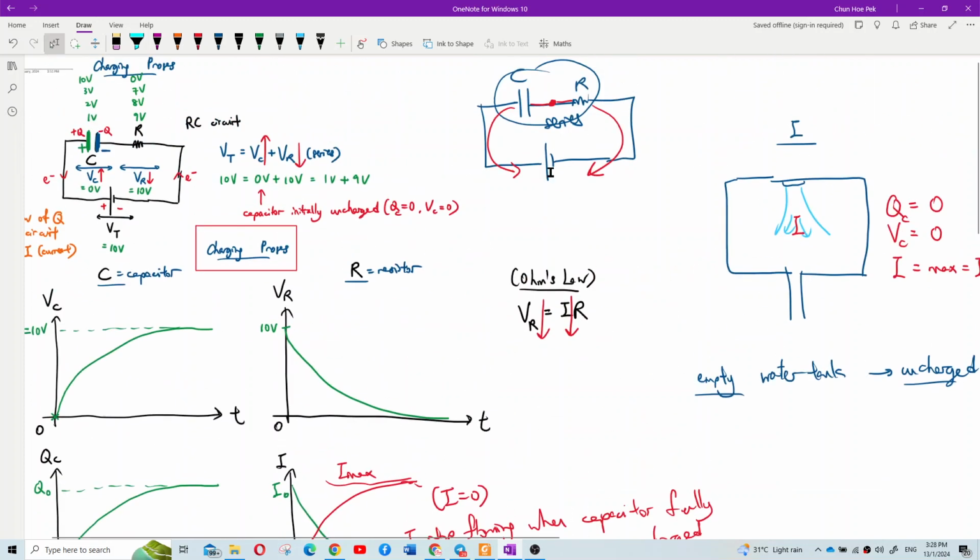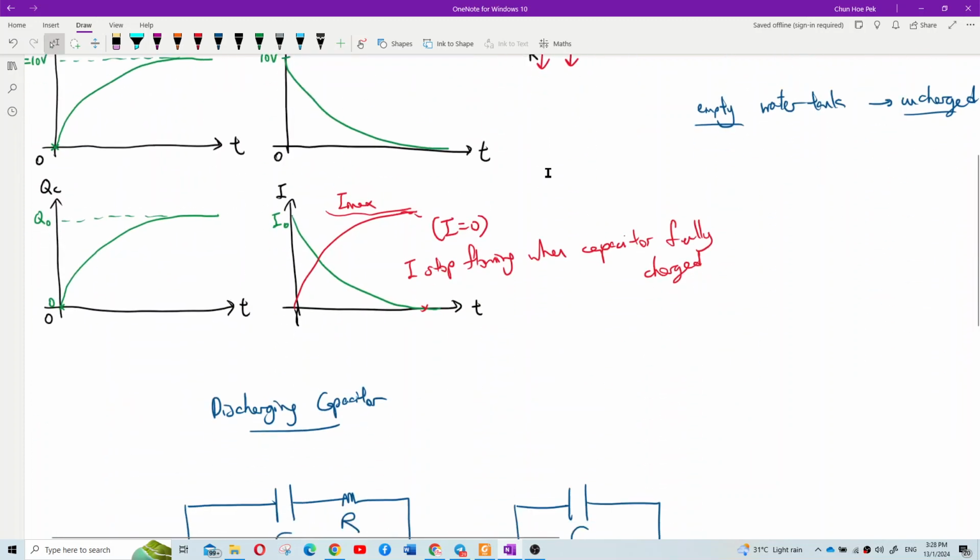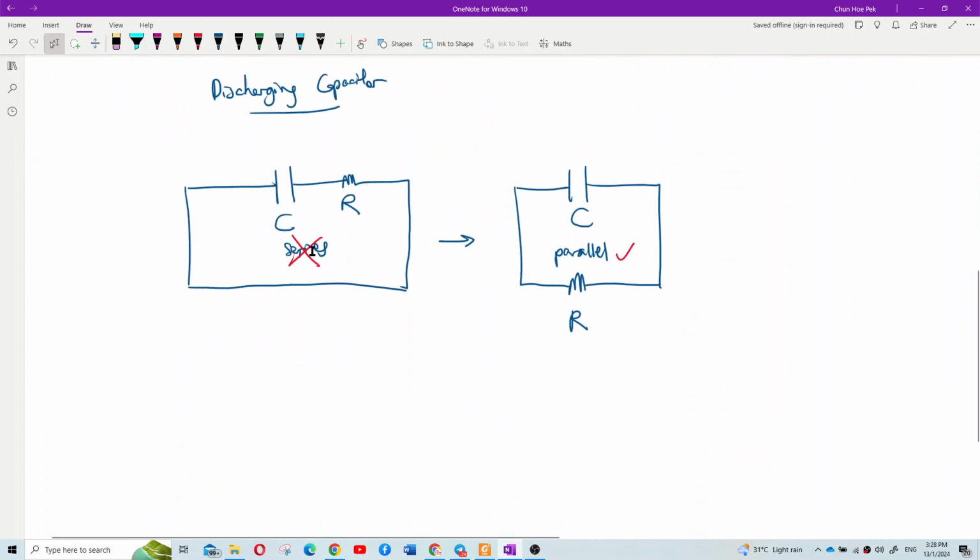Tapi kalau sudah buang bateri, menjadi ini, dia bukan series sudah. Resistor dengan capacitor bukan series. They are not in series anymore. Because dua kaki sudah sambung, satu kaki sambung, kaki yang lagi satu sambung.